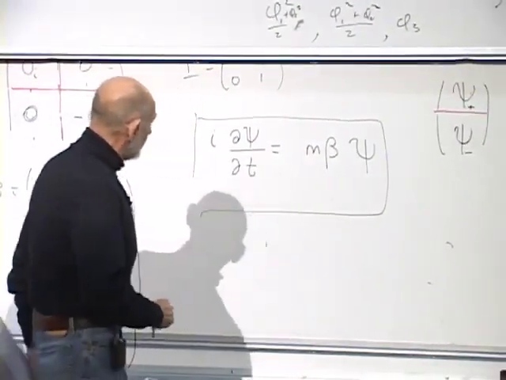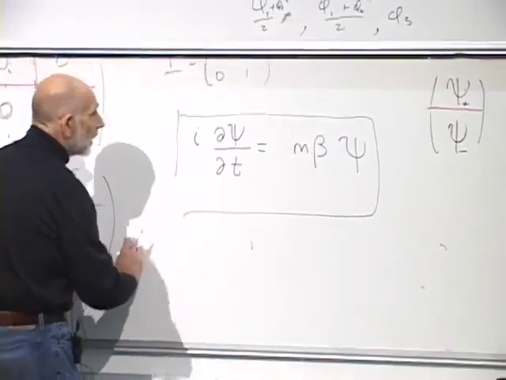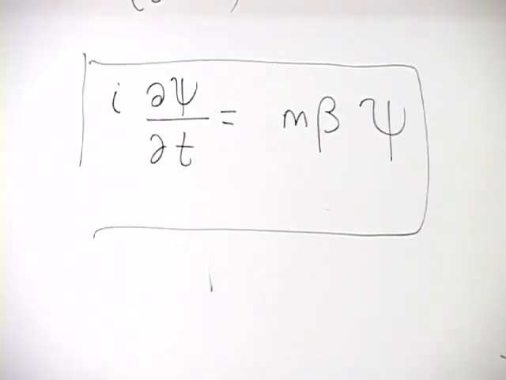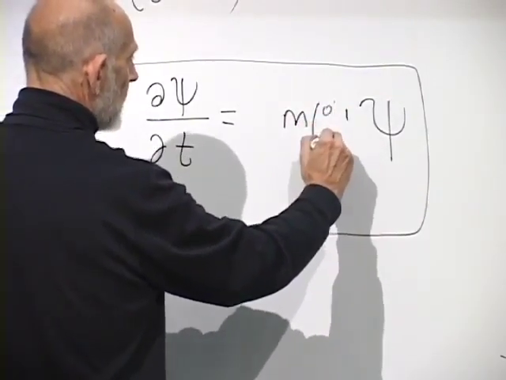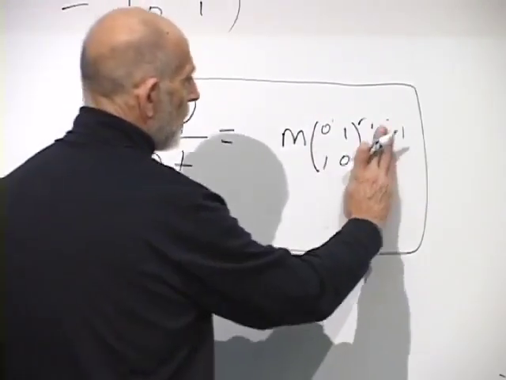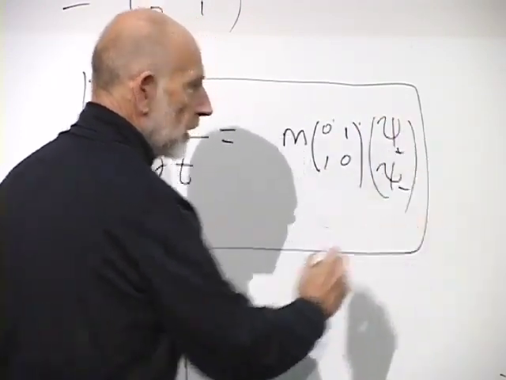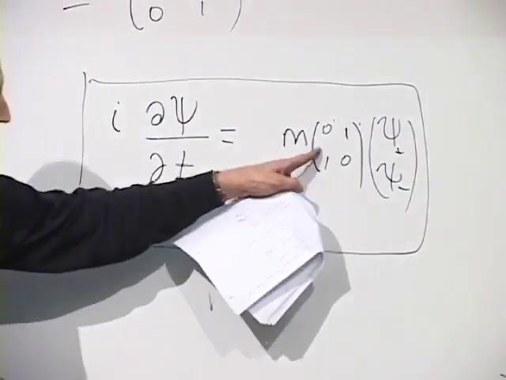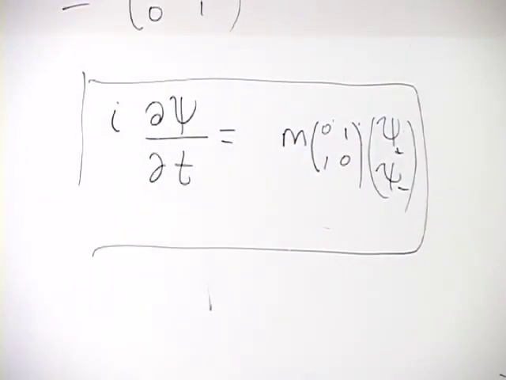Then we can write this equation very nicely. This equation is pretty simple. What does it say? Beta is the matrix 0, 1, 1, 0. What does this matrix do when it hits a 2-component object, psi plus, psi minus? It swaps the upper and lower one. When this matrix hits a vector like this, it just interchanges psi plus and psi minus.